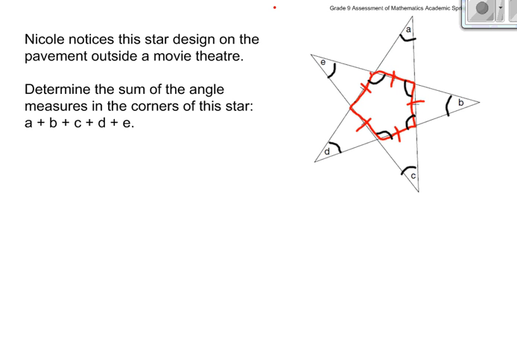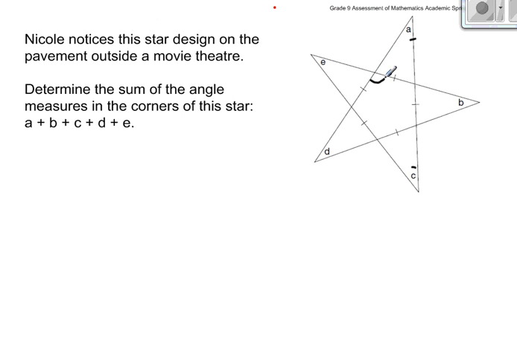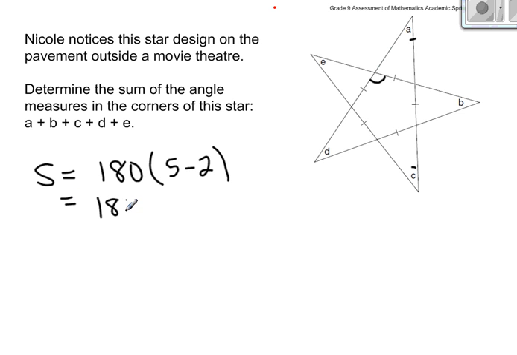So I'm going to figure out, in a 5-sided shape, what is the sum of the angles? And then I can divide that by 5, and it will tell me what each of these angles measures. So the sum of the angles in a 5-sided shape. Here's one of the formulas you can memorize. I'm going to do 180 times 3, and that gives me 540 degrees.